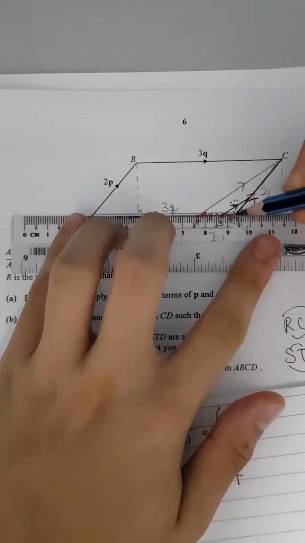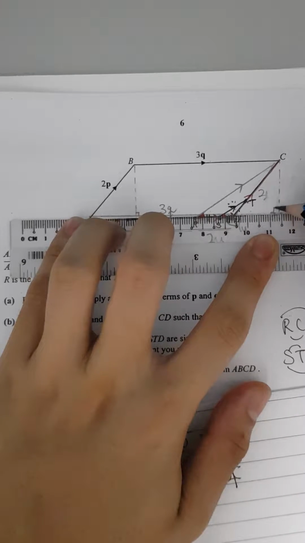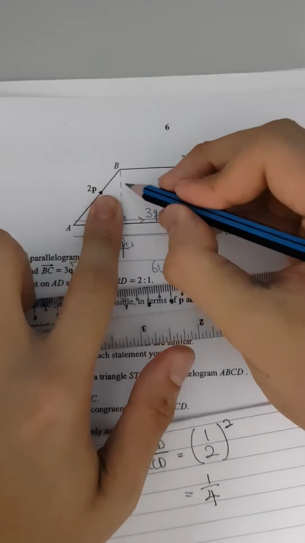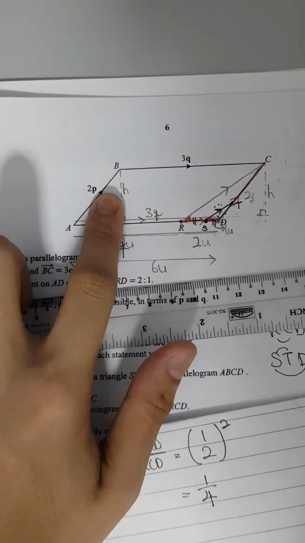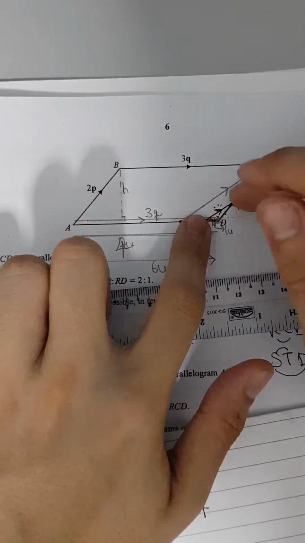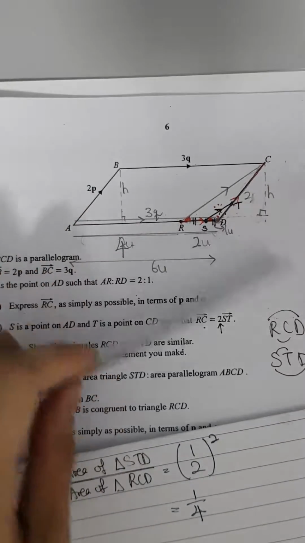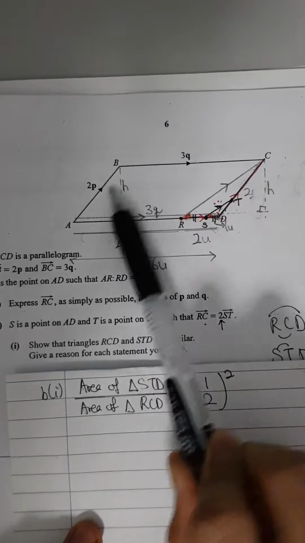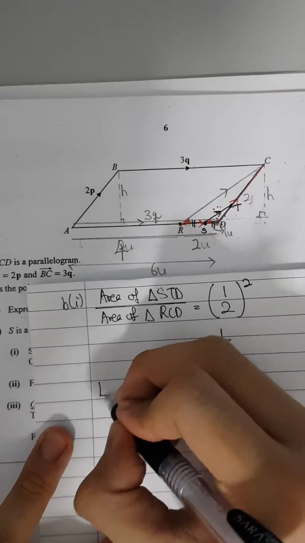So I will need to extend and find this perpendicular height, which happens to be the same as the perpendicular height of the parallelogram. So the triangle and parallelogram share the same perpendicular height, which allows us to relate the big triangle to the big parallelogram. Okay, so let's try. This part is a bit tricky.